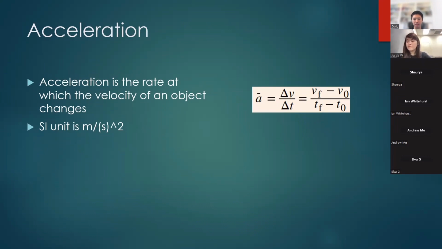For AP Physics 1, it's important to remember that all the questions you'll be dealing with should be constant acceleration, so you don't have to worry about the acceleration changing all the time. The SI unit for acceleration is meters per second squared.